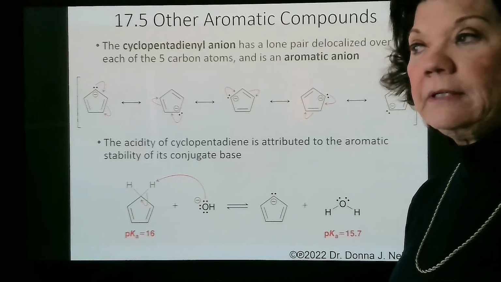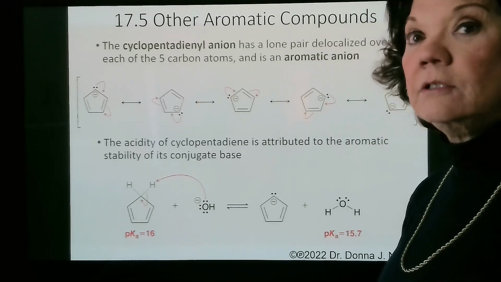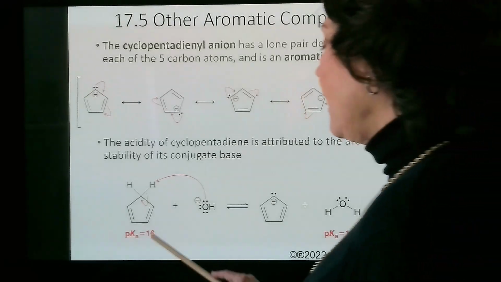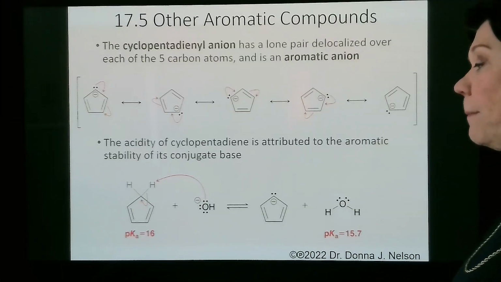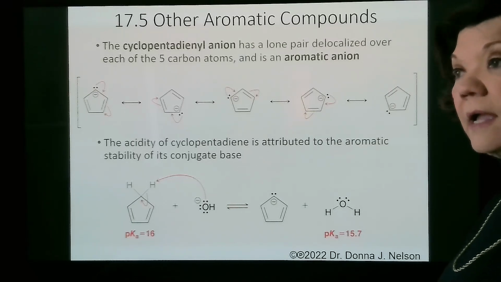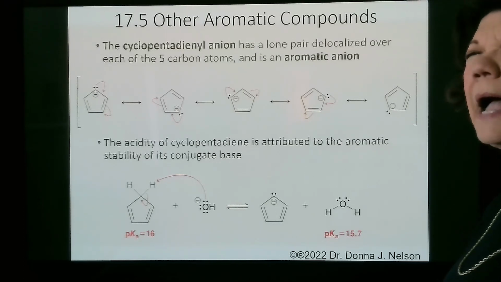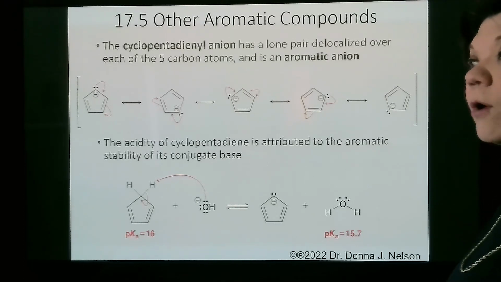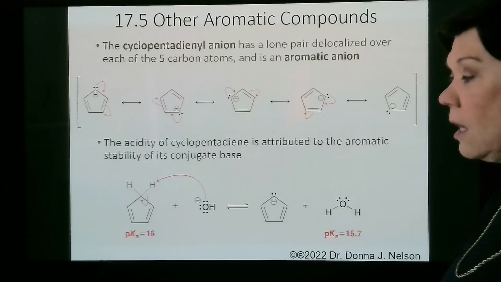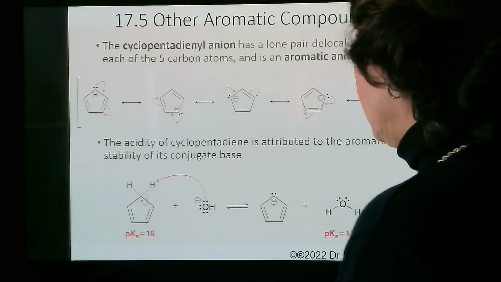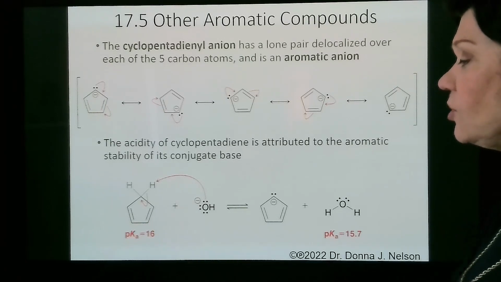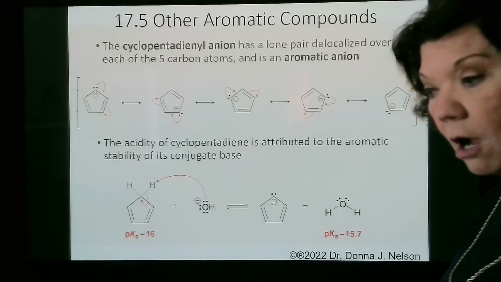The aromaticity depends on the electrons, not the number of carbons or the number of nuclei. And so the pKa of 16 is an unusually low pKa for an organic compound. Think back on, say, propane or ethane, which have a pKa of about 50. That's 50, as compared to this one, which is 16. So this is unusually acidic for an organic compound.